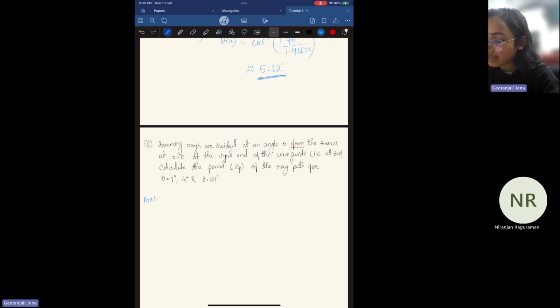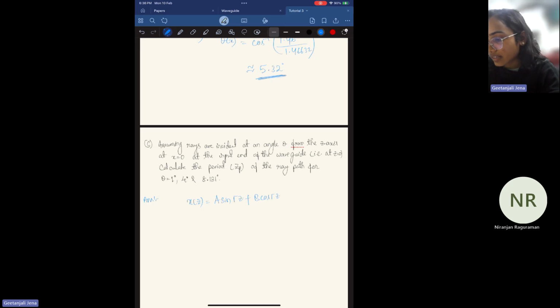Now, if you recall, in the first question we solved for the general solution for the ray path in a parabolic index medium, which is x(z) = a sin gamma z + b cos gamma z.